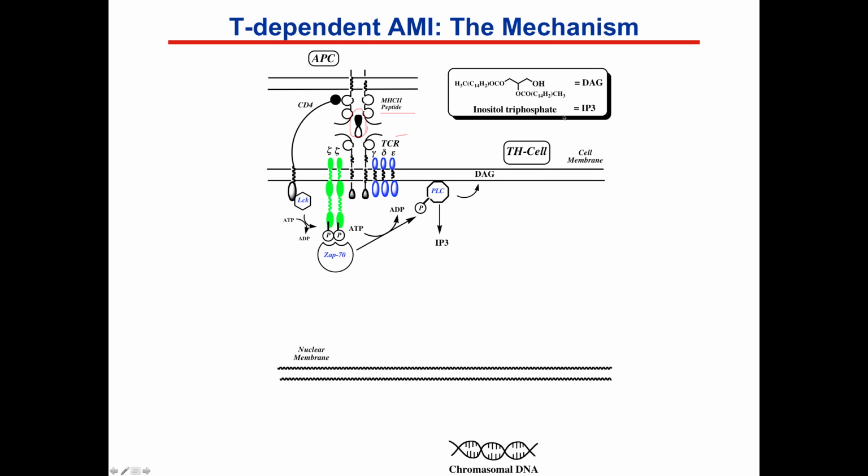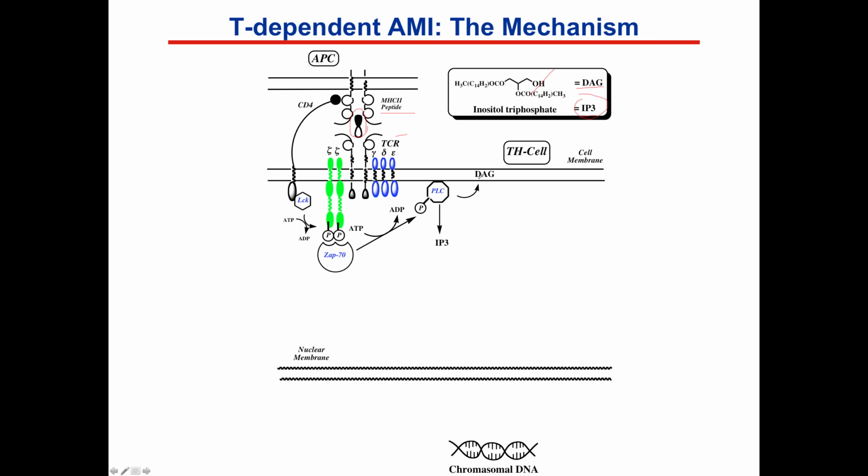One of those is inositol triphosphate, and the other one is diacylglycerol. Basically it's cut the phospholipid in two, and this is the diacylglycerol component, and IP3, inositol triphosphate, is the other component. Both of these are signaling molecules, as we're going to see.